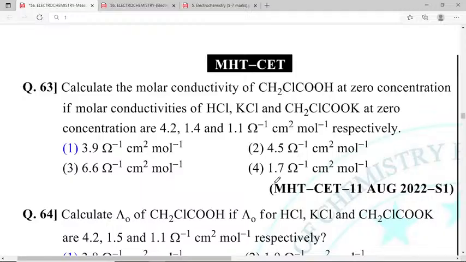Next, calculate the molar conductivity. So we have to calculate molar conductivity at 0 concentration. KCl 0 concentration value is also given.